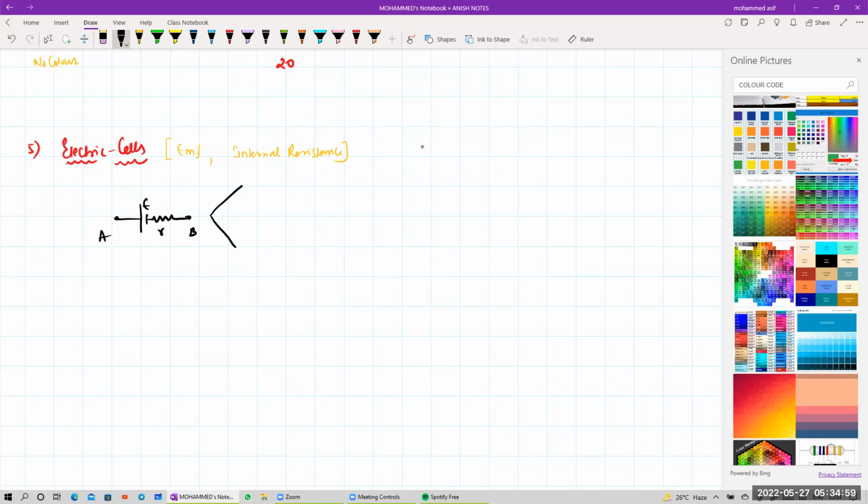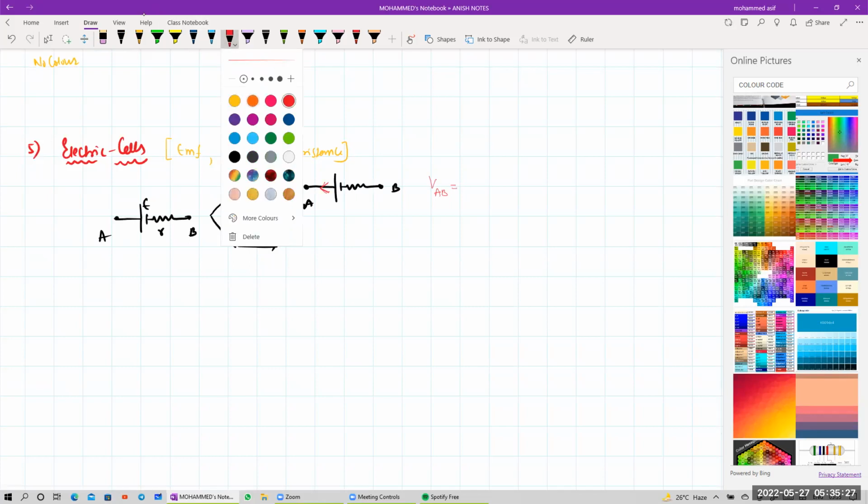See, I'm taking two conditions for this one. If this is a cell, and this is a terminal B, and this is your terminal A. And if the current is coming out like this, so potential across A and B will be equal to how much?